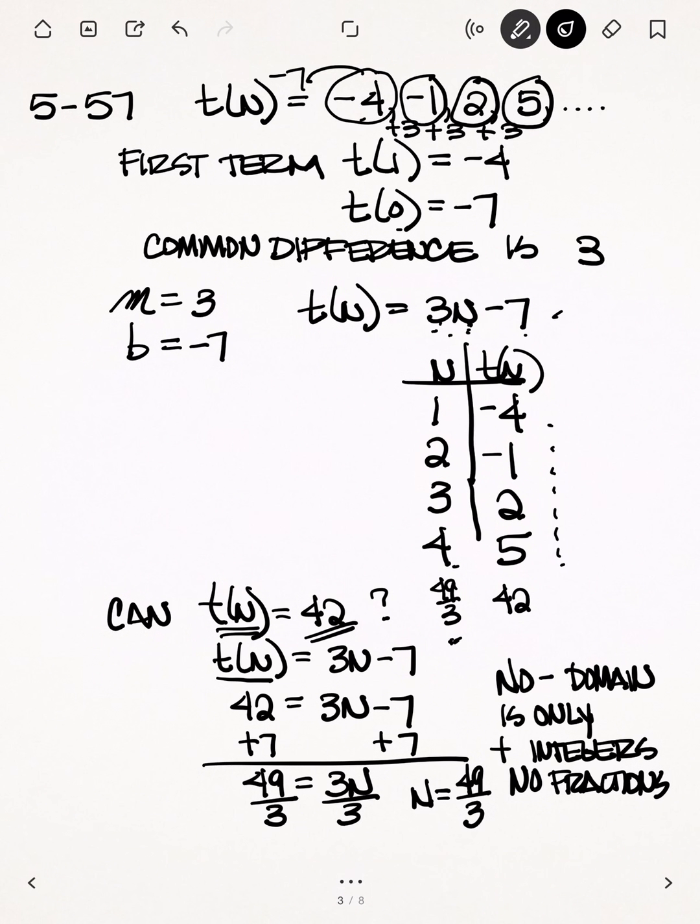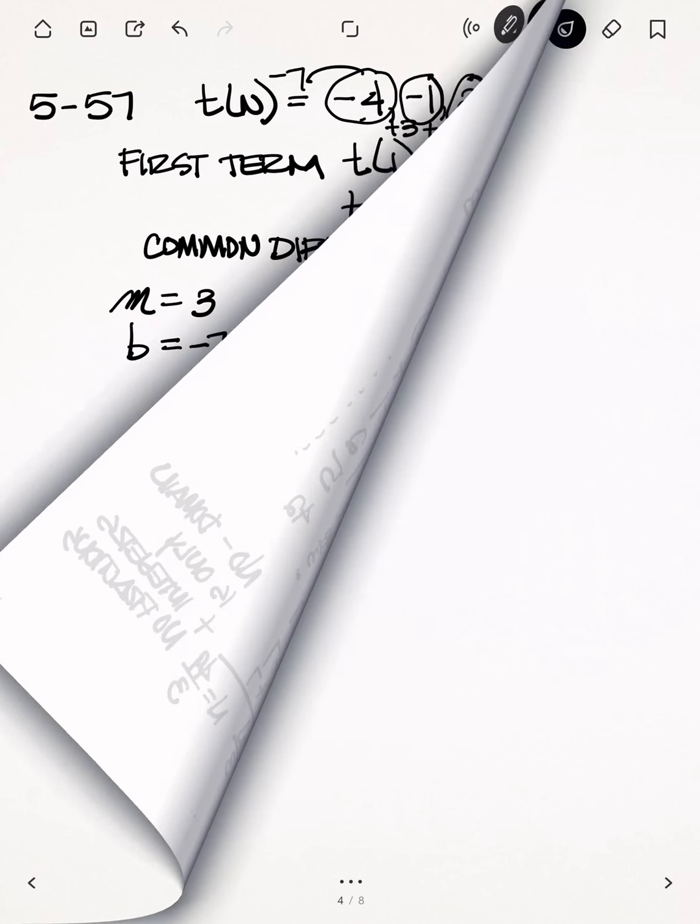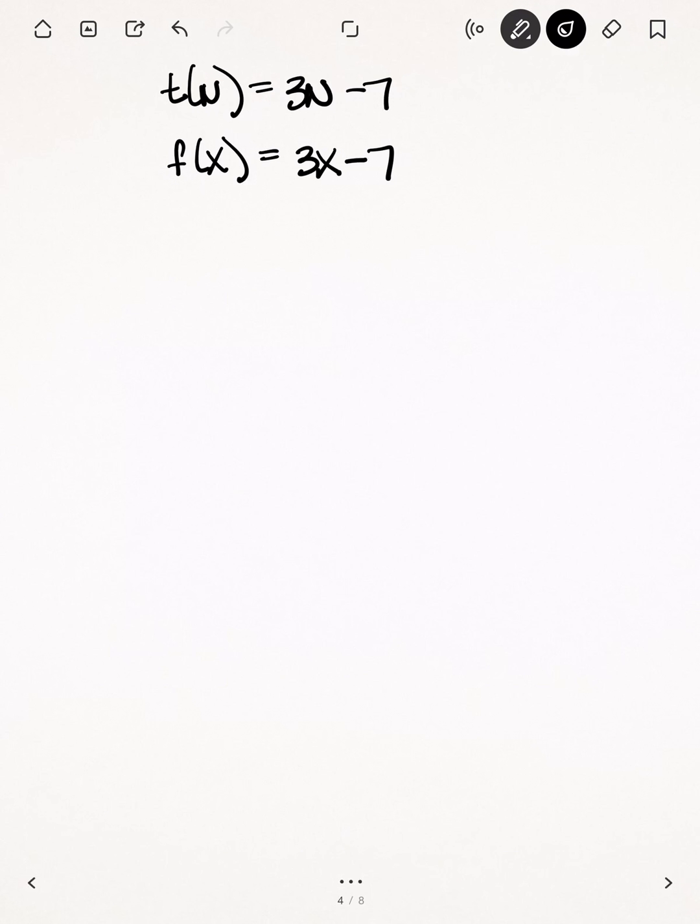All right, moving on. The next part says, for that function. So I had the sequence t of n is equal to 3n minus 7. But what if I have the function f of x equals 3x minus 7? Can f of x equal 42?